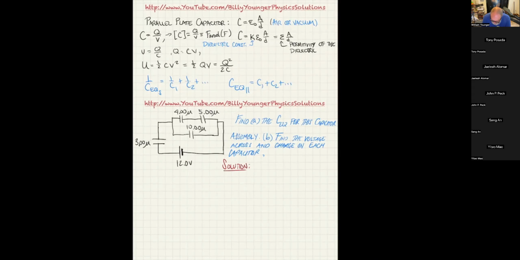So first off, I want to tell you that the battery basically has a positive side and a negative side. Of course, we knew that already. The long side is supposed to represent the positive side. For all intents and purposes, you can picture a battery as if it's just a cup full of charges.